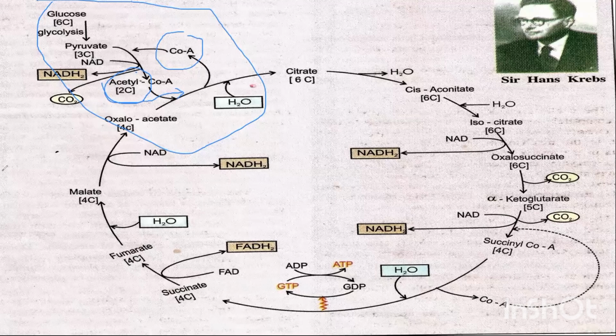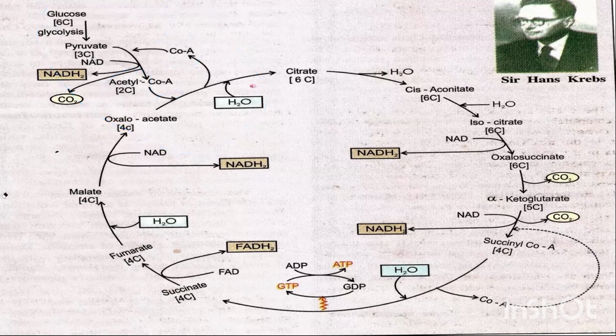Are you getting this? Yes or no? Yes, sir. Okay. And then if we see the acetyl-CoA that releases the acetyl moiety, it combines with 4 carbon oxaloacetic acid. Here you can see the 4 carbon oxaloacetic acid. It combines with the acetyl moiety containing how many carbon? 2, right?